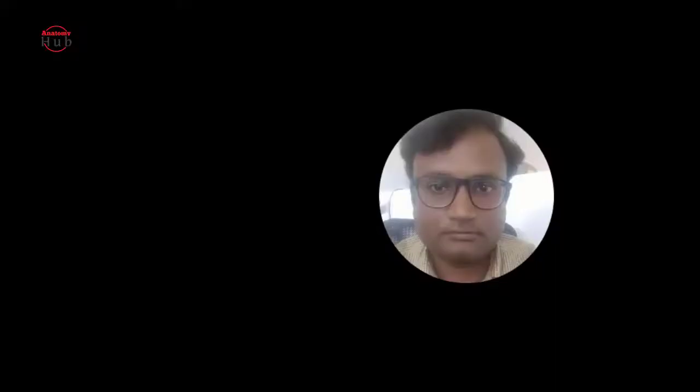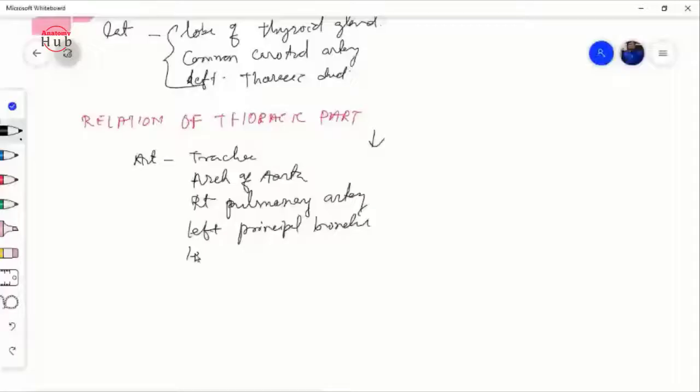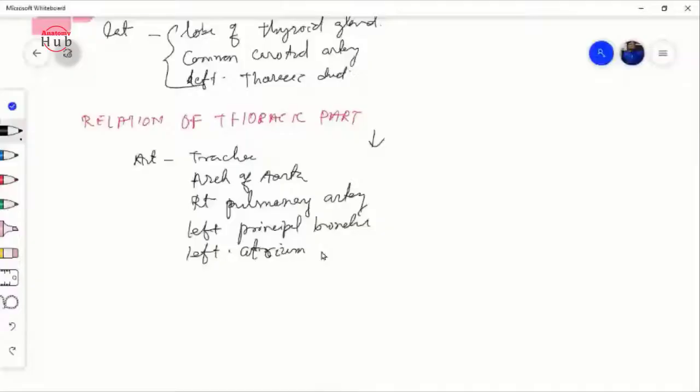Then you'll find your left atrium, and this left atrium is enclosed with pericardium. Then you'll find the diaphragm.